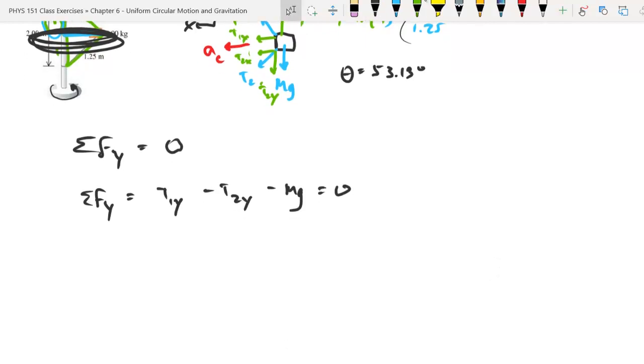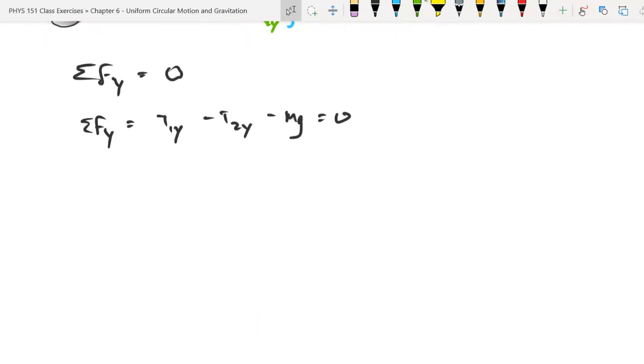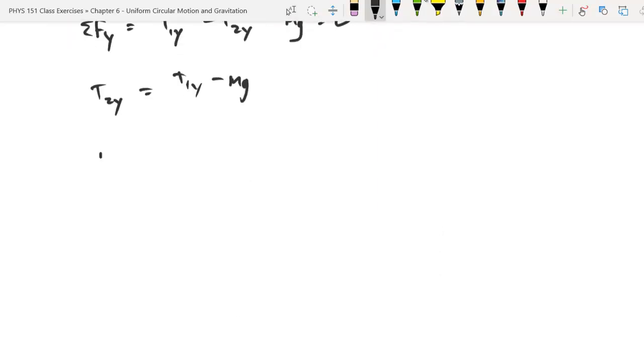Well, we actually know T1 was 80, and we know m and g, so we can actually solve for T2y. So T2y is equal to T1y minus mg. But T2y, this is T2 sine theta, is equal to T1y, which is T1 sine theta.